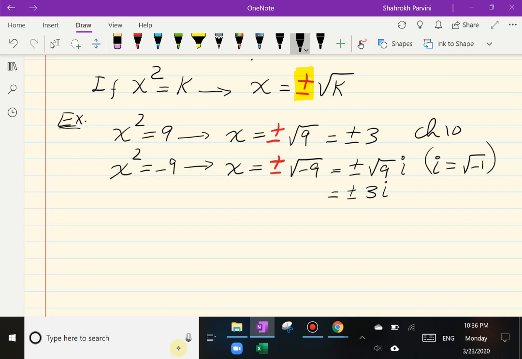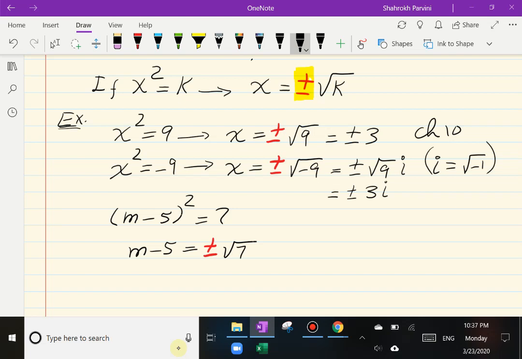Now, the general form of the principle of square roots tells us that the expression in x could be any expression, it doesn't have to be just x. So for this one, I'm going to call it m minus 5 squared equals 7. Using the principle, we take the square root of both sides, and we have m minus 5 equals plus or minus root 7.